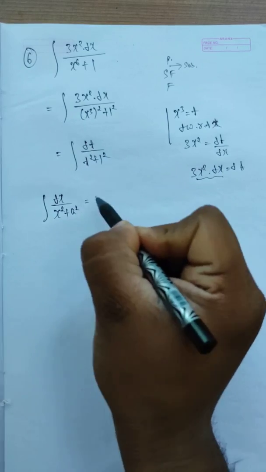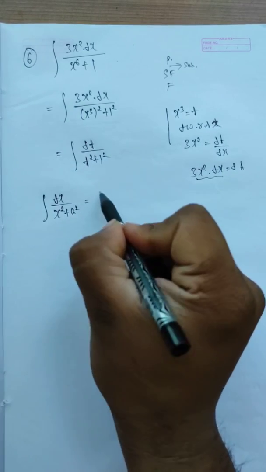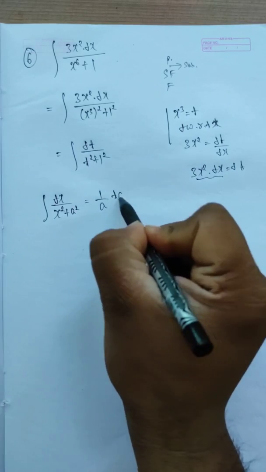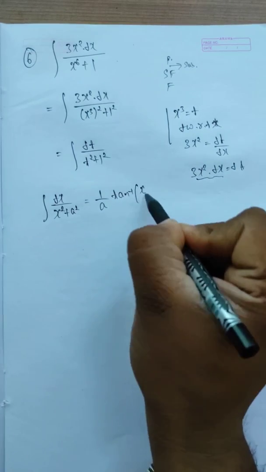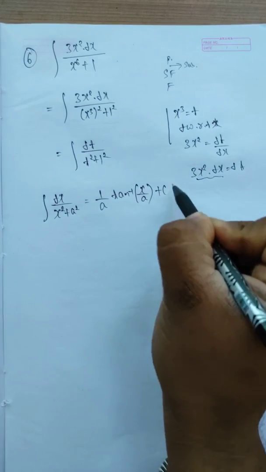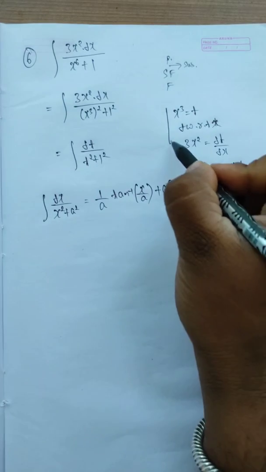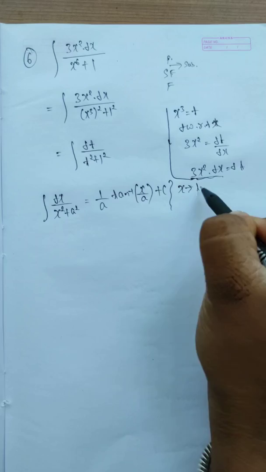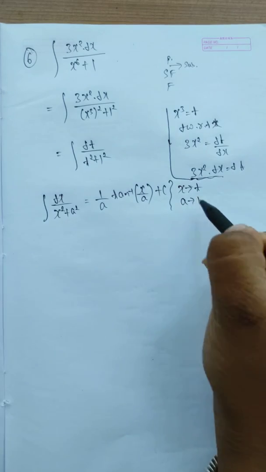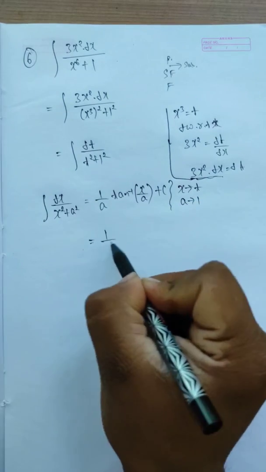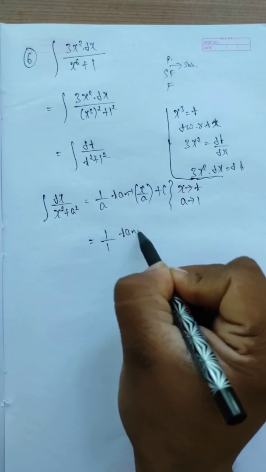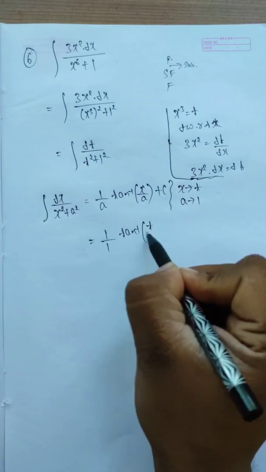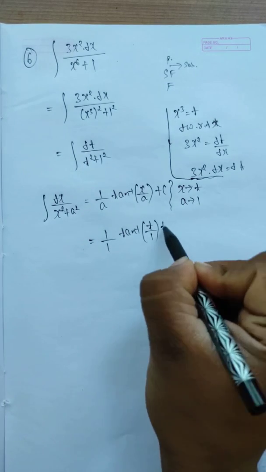It is in the form of integration of dx by x square plus a square, which is 1 by a tan inverse x by a plus c. On comparing, x is replaced as t, a is replaced as 1, means 1 by 1 tan inverse t by 1 plus c.